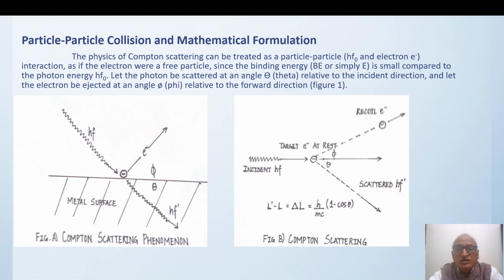Difference is delta L. And this can be shown as equal to h upon mc multiplied by 1 minus cos theta. h, you know, is Planck constant, m is rest mass of electron, c is velocity of light. So these two diagrams are self-explanatory. They reveal what is happening in Compton effect.